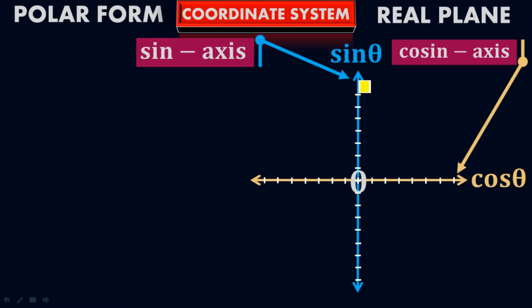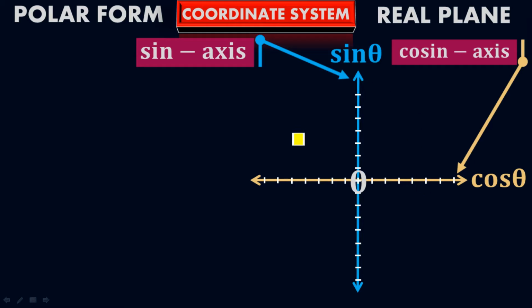In the complex plane of the Cartesian coordinate system, this horizontal line was the real axis. All the values along this horizontal line were in real form. This vertical blue line was the imaginary axis, which means that all the values along this vertical line were in imaginary form, having iota.